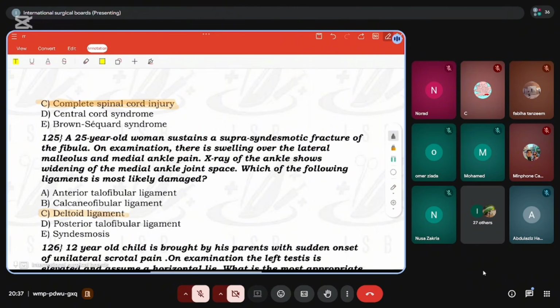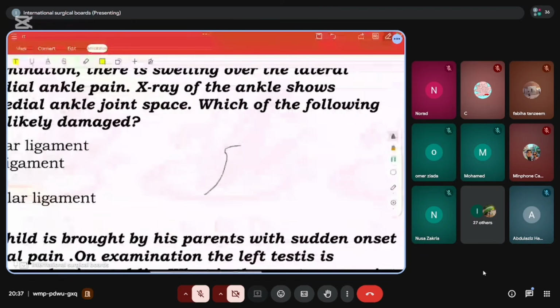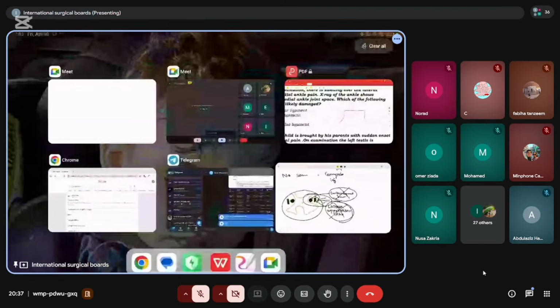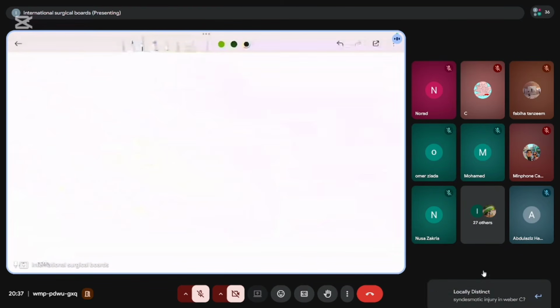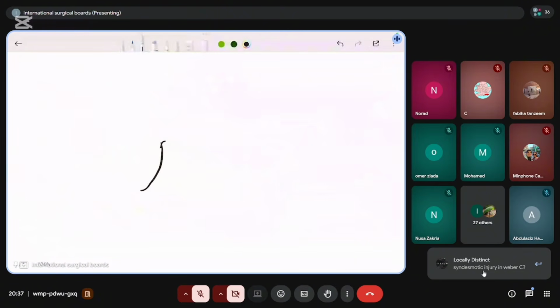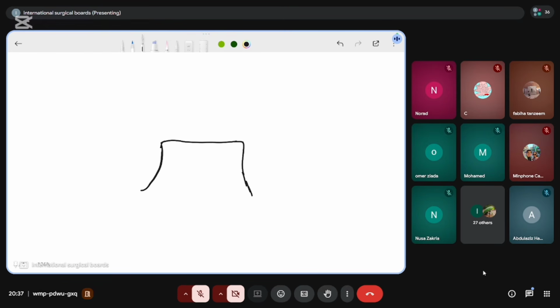This is the trochlear surface of the talus. This, guys, is a coronal section in the ankle, you get me? Such as that, this trochlear surface of talus, okay?